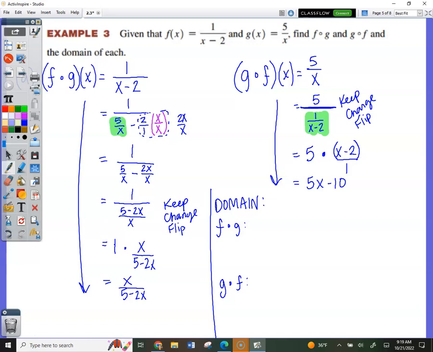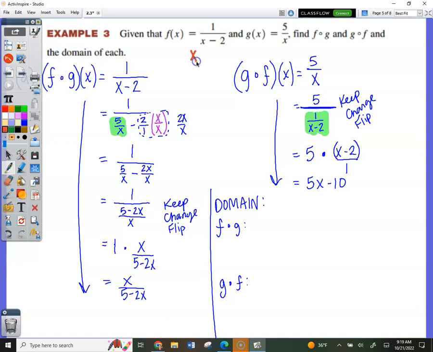I'm going to change colors. Coming to f. What type of function is this? It's a fraction, which means there's a number not allowed in the bottom.